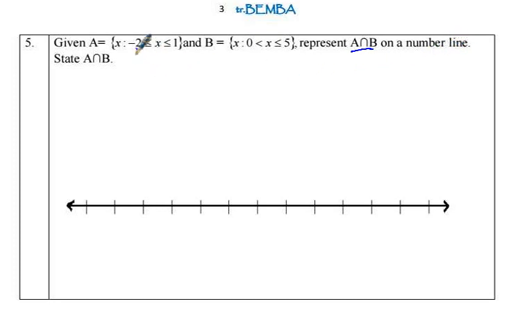Now, after reading these two set notations, we want first of all to write A intersection B using set notation. This set will also have elements x such that, now when you look at the first set A, we see that it starts from -2.